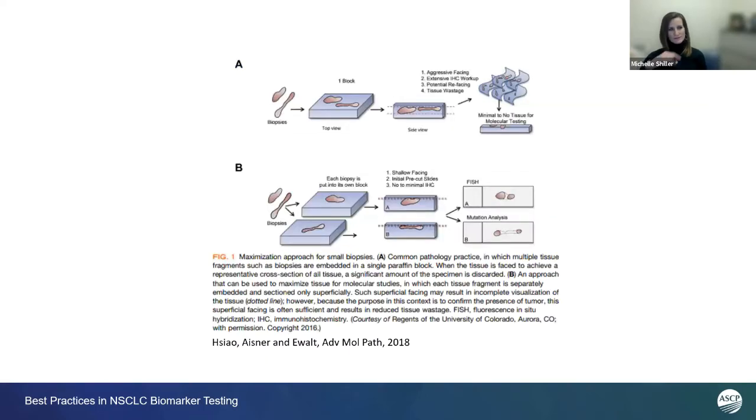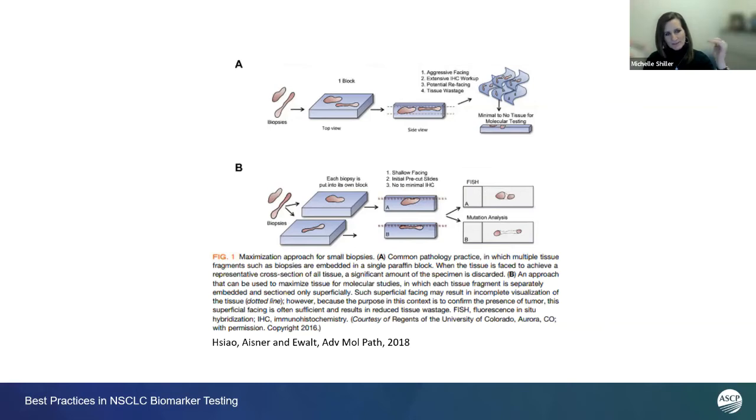So this is the slide that Kim was describing. You can see in figure A, that's where both tissue fragments are put in the same block, and you can see that each tissue fragment has a different shape. Then you can see from the side view how they're not necessarily fully in the same plane.